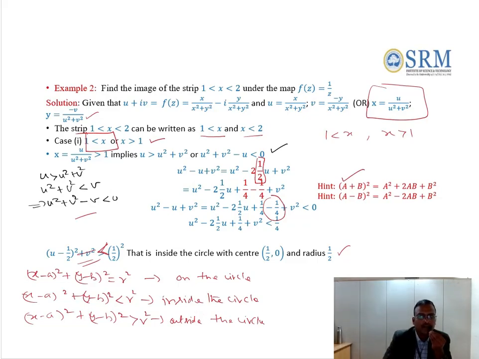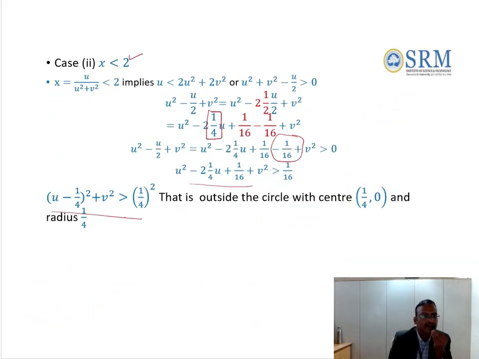Therefore this equation says that the region outside the circle u minus 1 by 4 the whole square plus v square, which is strictly greater than 1 by 4 the whole square, that is outside the circle with the center 1 by 4 comma 0 and radius is 1 by 4, right?